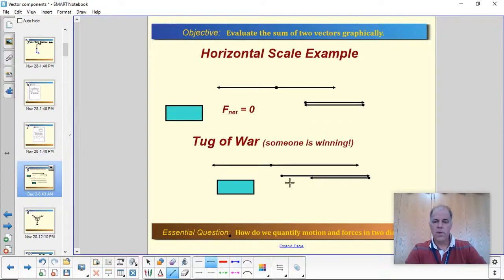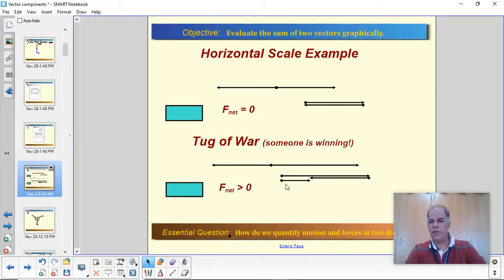The net force is from the original starting point to the final ending point. So the net force in this case is not zero. The net force is to the right, and that is the length of that force vector. So in this tug of war, this is not an equilibrium situation.